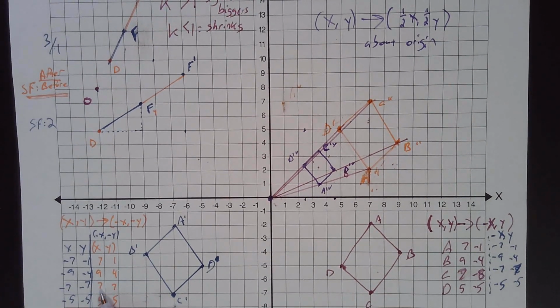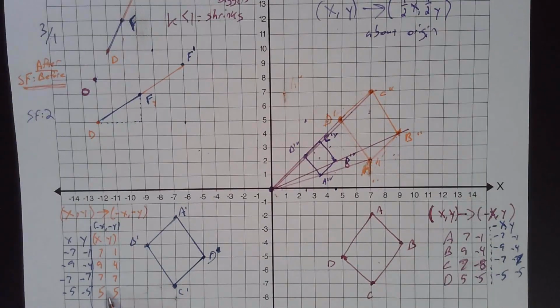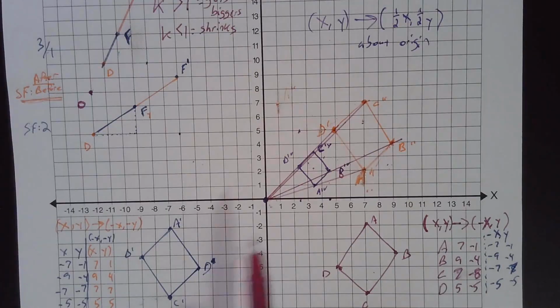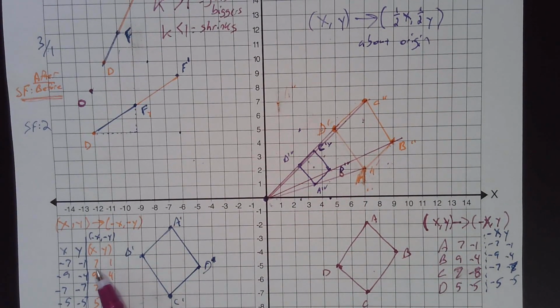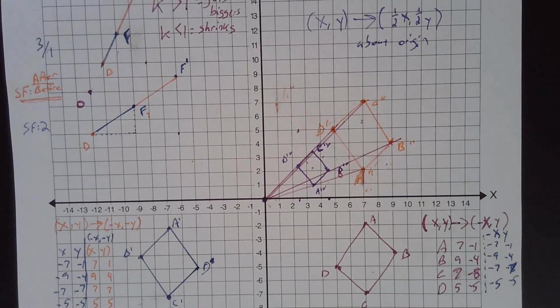And it would be 4.5 and 4.5, and it would be 2.5 and 2.5, and that's where you see all these points anyway. This is actually 3.5 and 2, so it should be 3.5 and 1. That's where we made the mistake before.